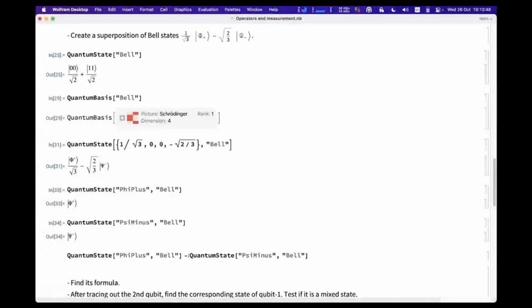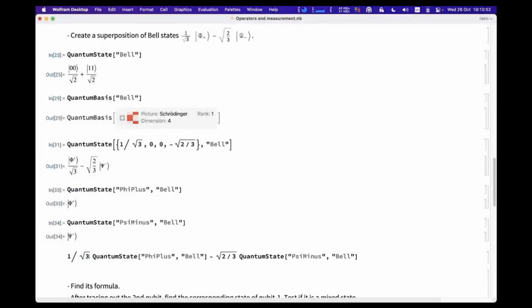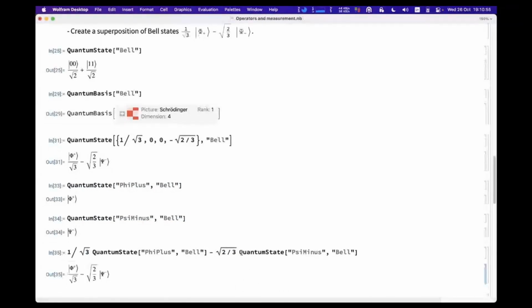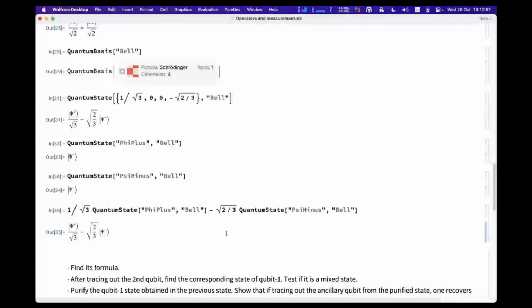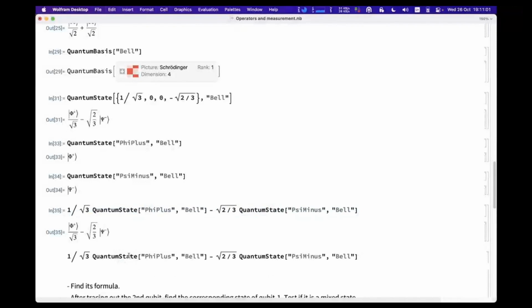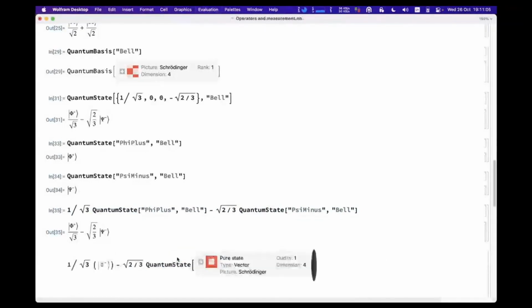So there are different ways of creating a quantum superposition, and these two states are exactly the same thing. So please keep that in mind, whichever way you feel more comfortable, just go with that.